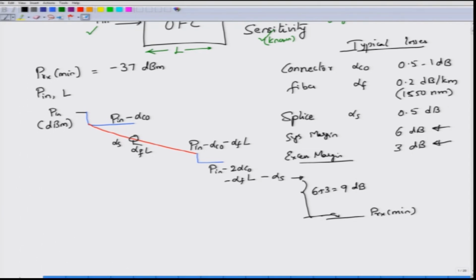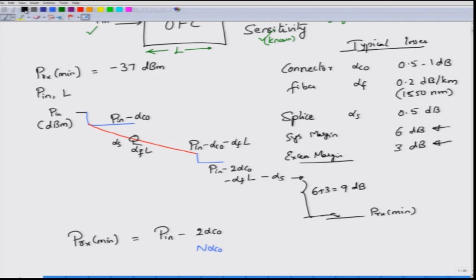So, the equation is very simple. PRX minimum will be equal to, this is the minimum optical power required for the detection of the optical signals, launch power minus total losses in the system. Losses come from 2 alpha C0, which you will have to replace by n alpha C0 if you have n connectors.